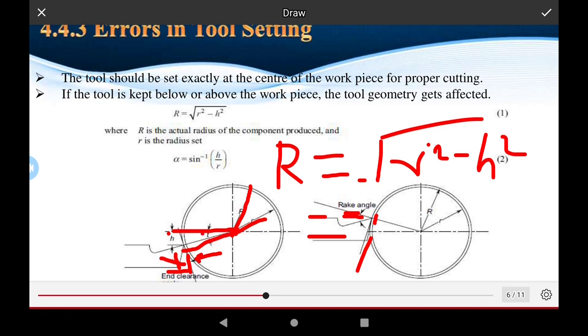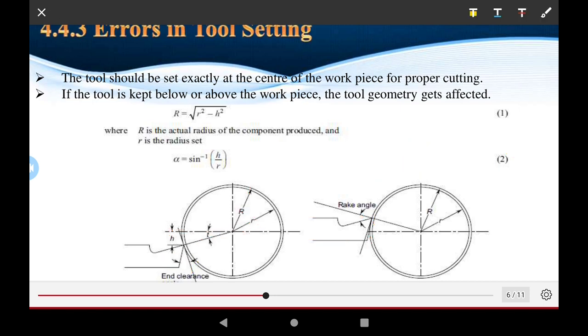Alpha is sine inverse h upon r. H is given, the value of h is given, and the small r value is given. Okay, then alpha is sine inverse h by r, given the value of angle. Find out the value of angle.